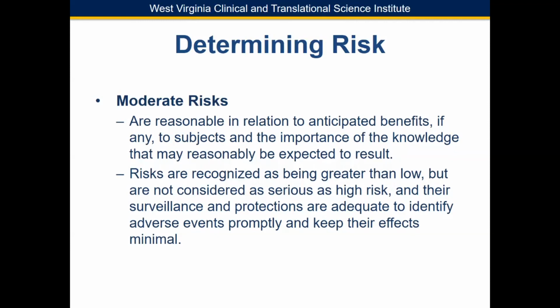So patients may be treated with a placebo for a recognized disease, or a multi-arm study where there is a potential for increased risk in one or more of the arms. You might be looking at an off-label use of an approved medication, or that drug in combination with another drug. You might be looking at low-risk studies, but in vulnerable populations. It might be procedures involving the collection of sensitive information, or invasive sampling. So that would be a moderate risk.